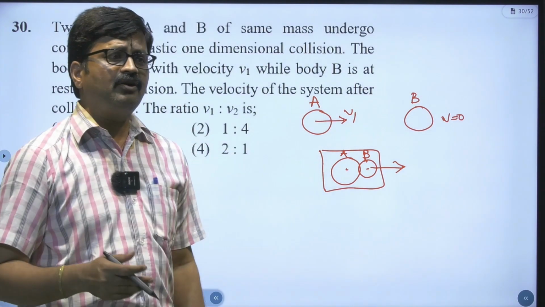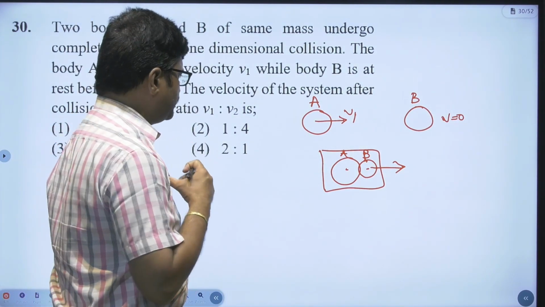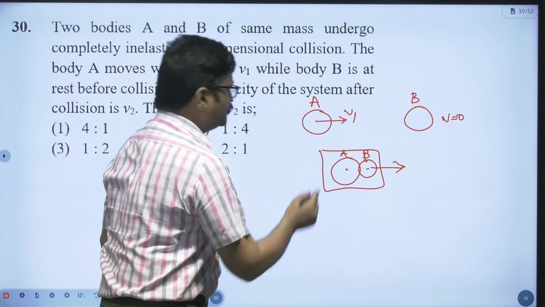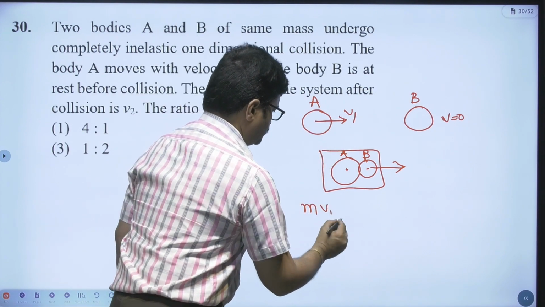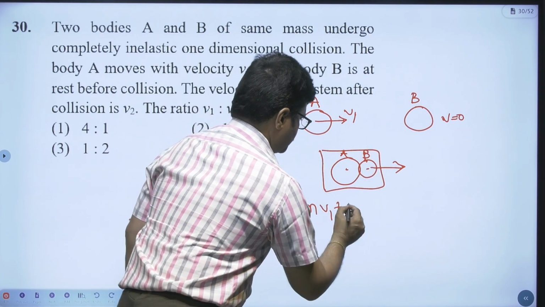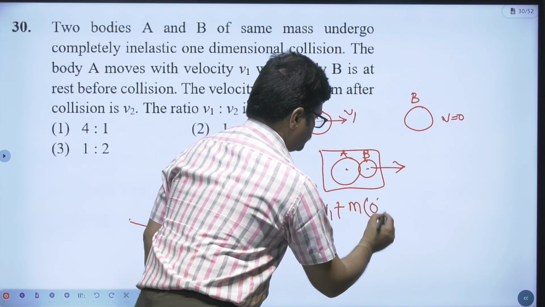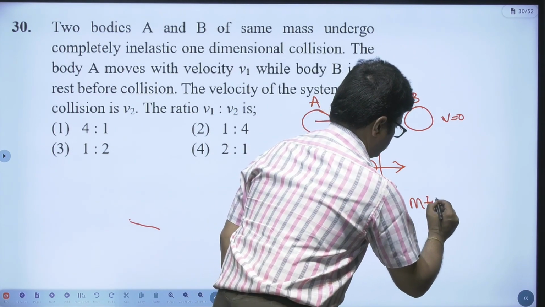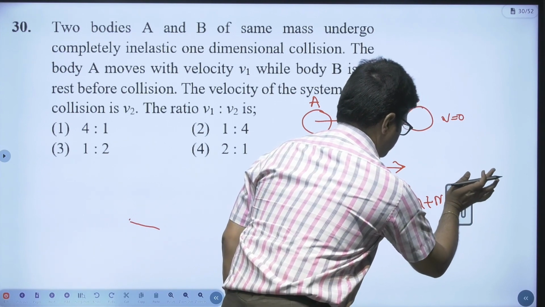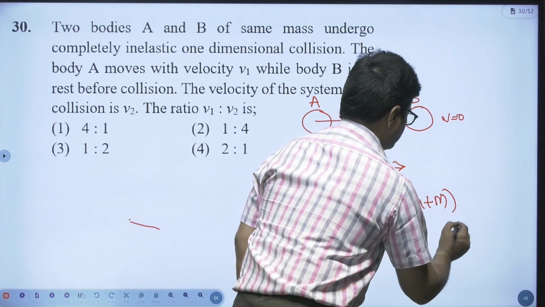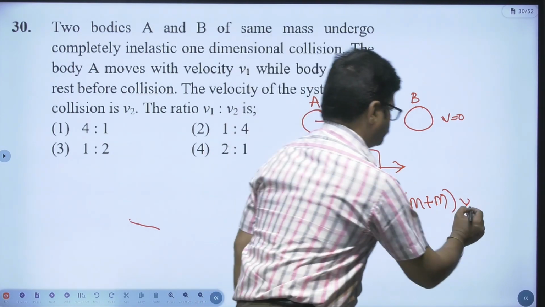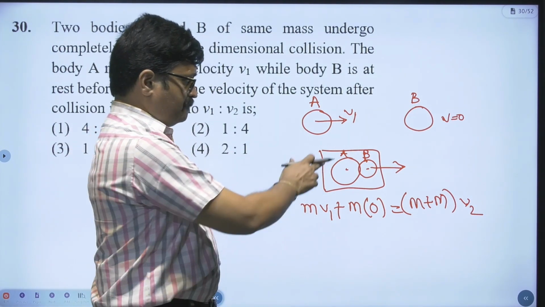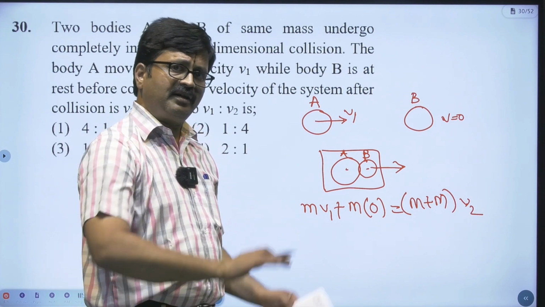If you apply the law of conservation of linear momentum, initial momentum is mass m into velocity of first body v1, plus second body mass m into velocity of second body 0. This is equal to m plus m into velocity, I'll take it as v2. So when they inelastically collide, their combined velocity is v2 here.